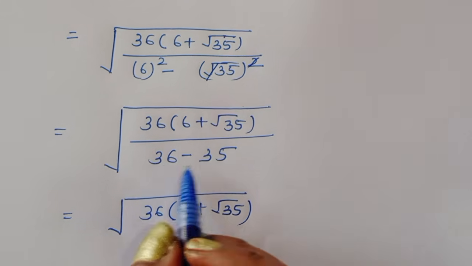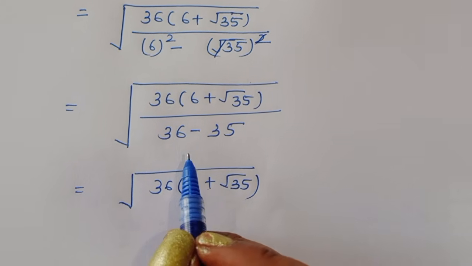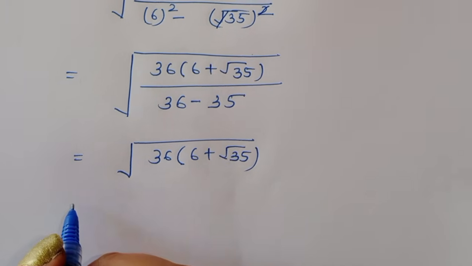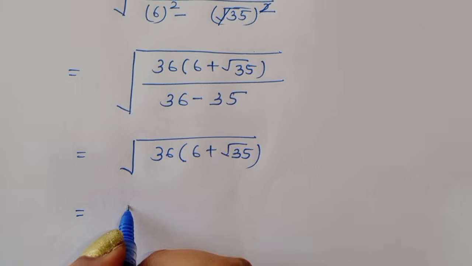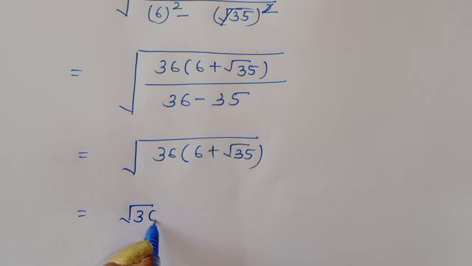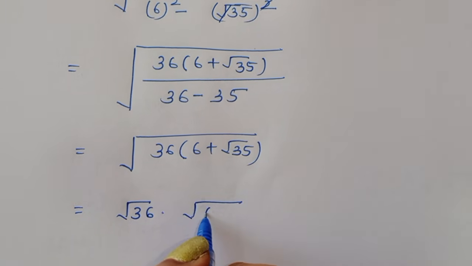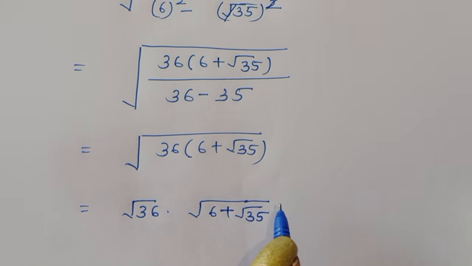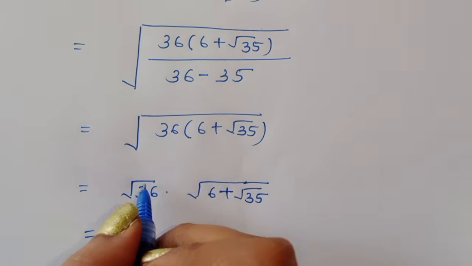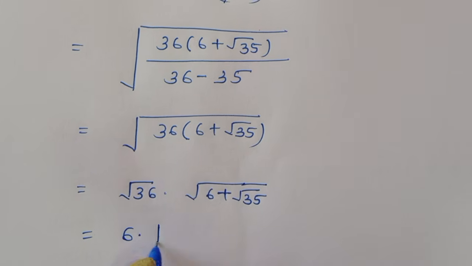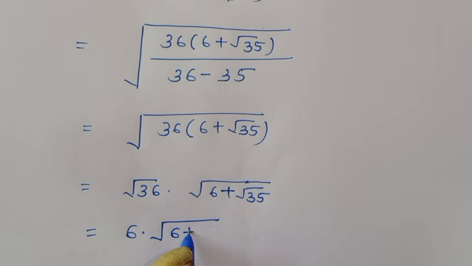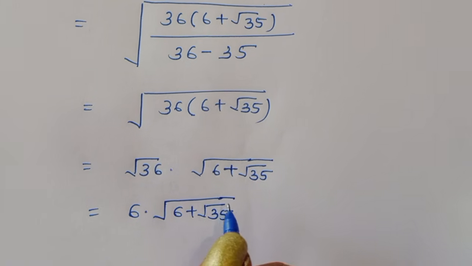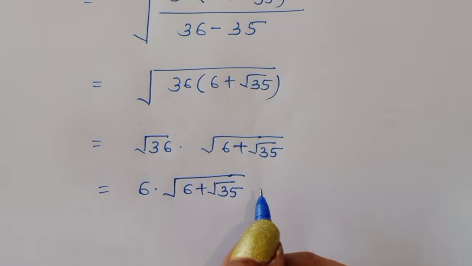Now we can separate this term: square root of 36 times square root of 6 plus square root of 35, which is 6, the square root of 36, times square root of 6 plus square root of 35.